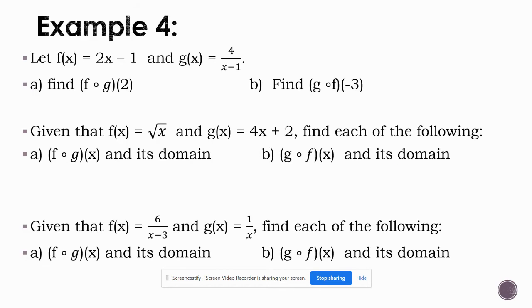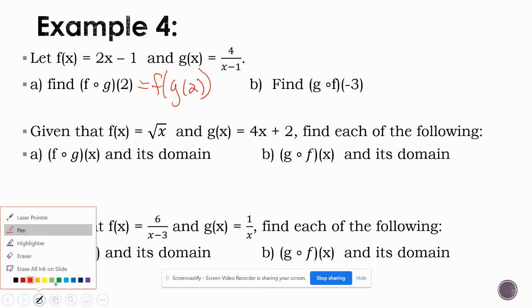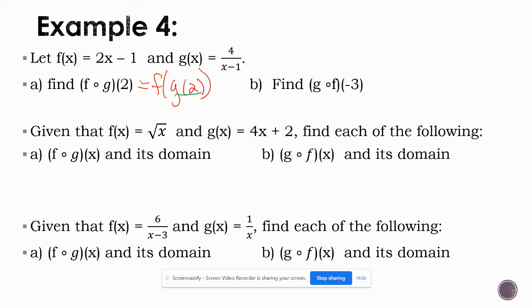So example 4. Find f circle g of 2. So remember, this also means f of g of 2. Now, if you remember working with grouping symbols, we start on the inside and work our way out. So on the inside, it says first find g of 2.